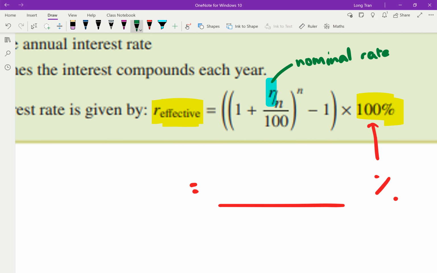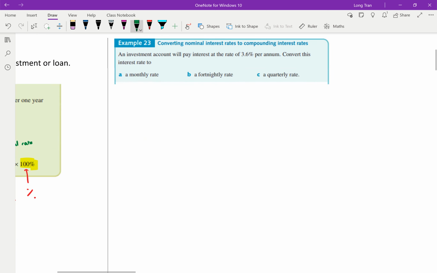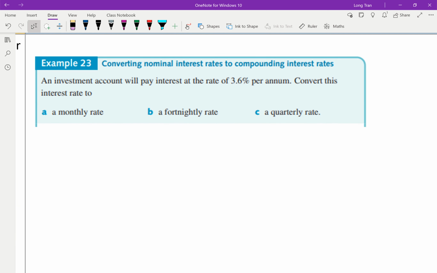That's all it is. Okay, so in this exercise, you'll find that question 23 or example 23, they just want you to understand that if it's compounded per annum, which means per year, how do you convert this into monthly rate? Well, that will be 3.6 divided by 12, because you're compounding 12 times in a year. What about fortnightly? How many fortnights are there in a year?